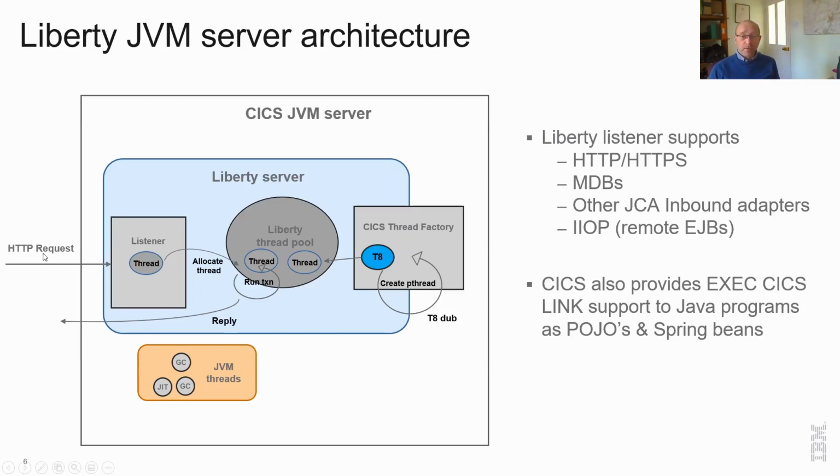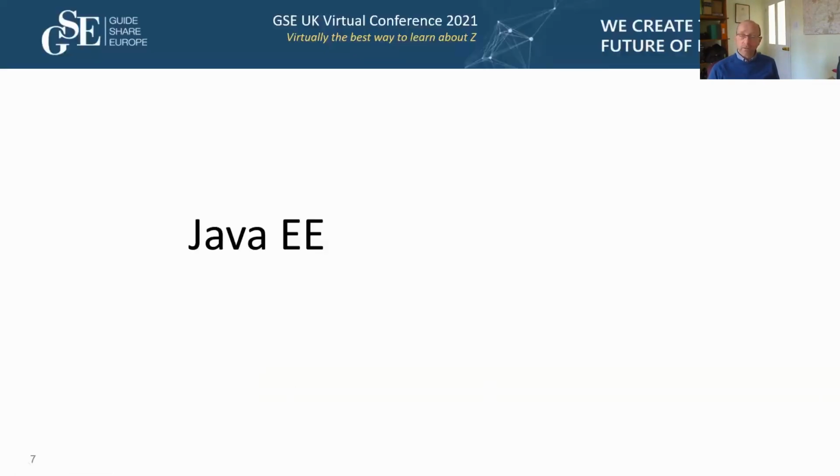But principally, most customers are using HTTP for Java-based web service solutions. And of course, we have other threads inside the JVM which are managed through the JVM internal work, the GC and the JIT and so on, but they're outside of the control of this thread factory. So that's just a high-level view of how Liberty works in CICS.